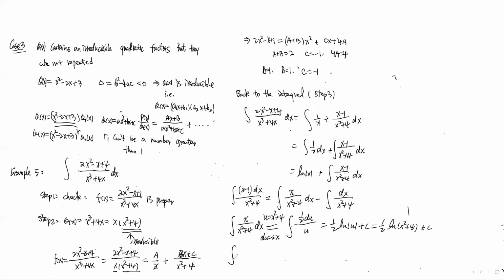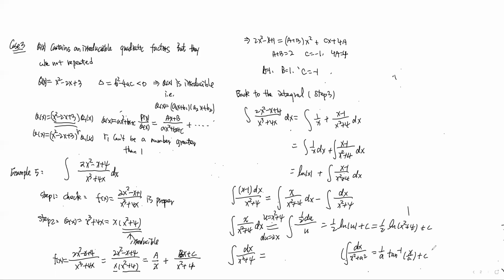Let's look at the second term. I don't write this minus here. I just compute dx over (x squared plus 4). What's this? Here you have to remember a formula. That's very important. The integral of dx over (x squared plus a squared), where a is greater than 0, is 1 over a times the inverse tangent of x over a, plus c.